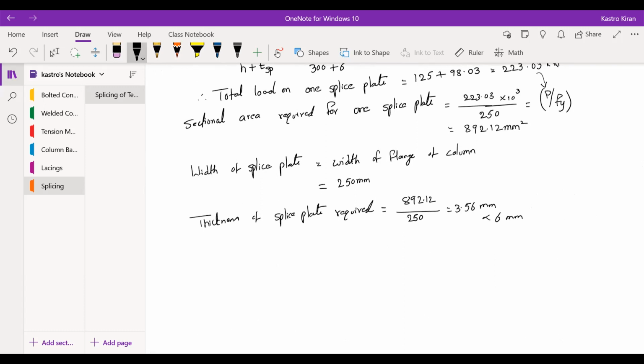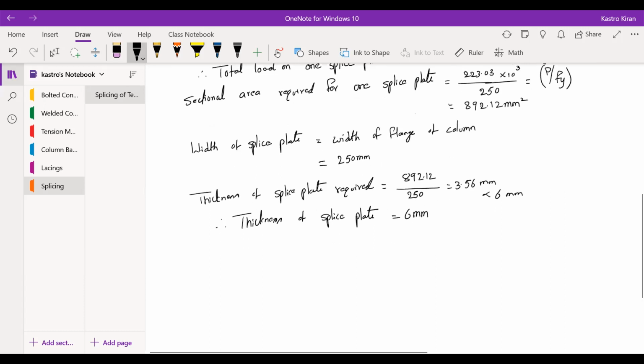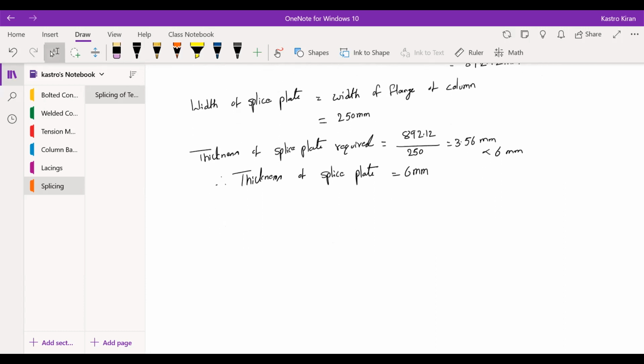So let's keep the same assumption, which is 6 mm. Therefore, the thickness of splice plate equals 6 mm. Okay, so now we have got the width and the thickness of the splice plate.